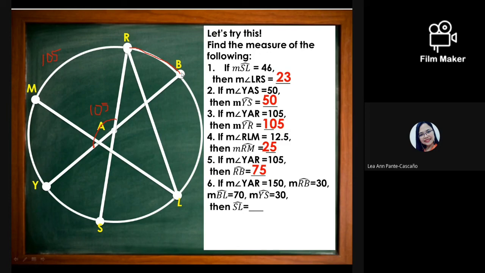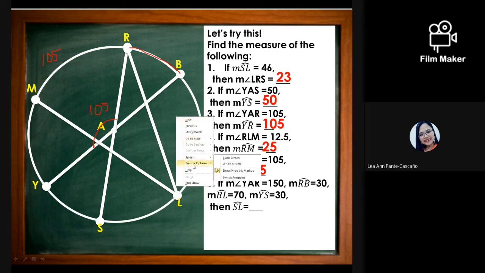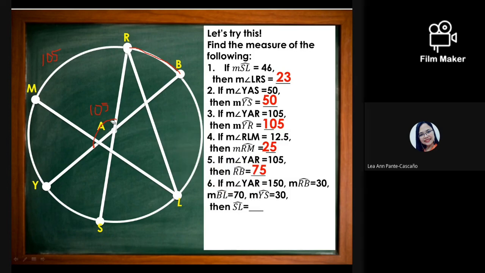Saka kung mapapansin din natin, ito pong BL at ang ating SL at ang ating YS ay part or arc na kasama sa semicircle. So, pwede na rin natin ma-identify dyan kung ano yung sukat ng unknown, which is arc SL. Erase muna natin ito para hindi kayo malito.